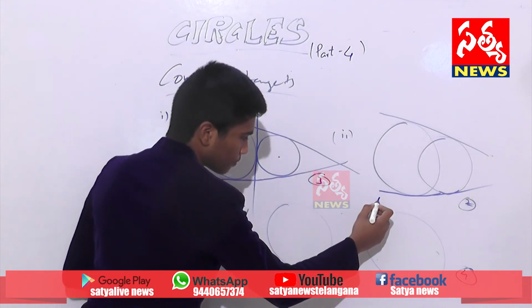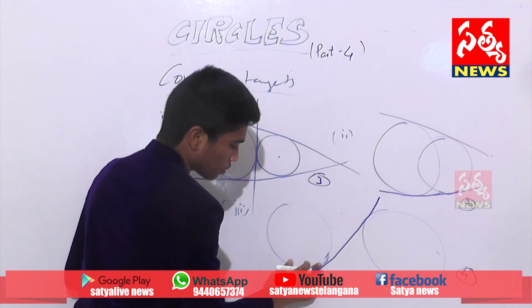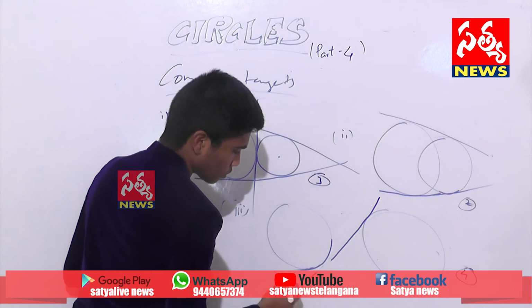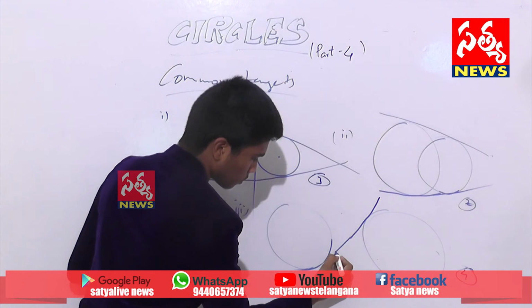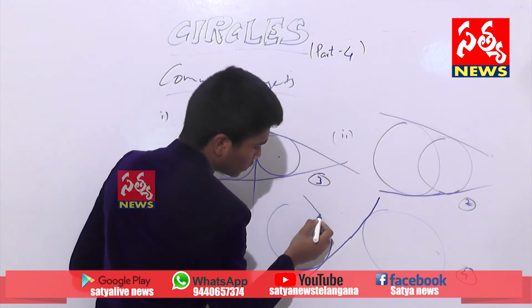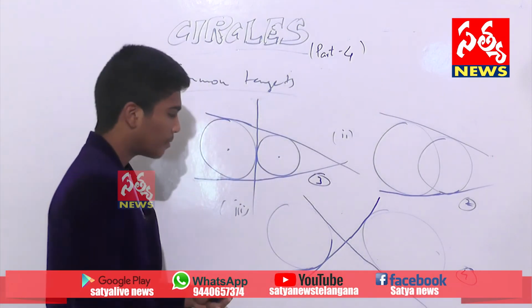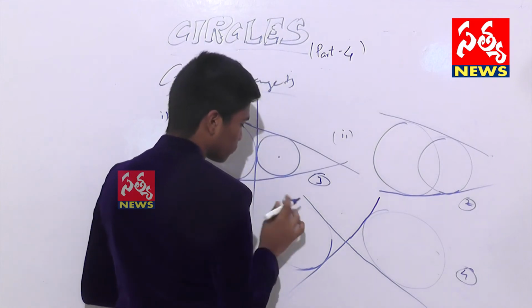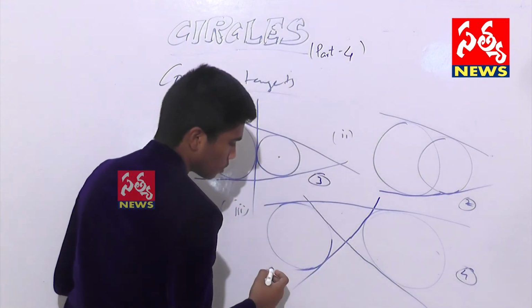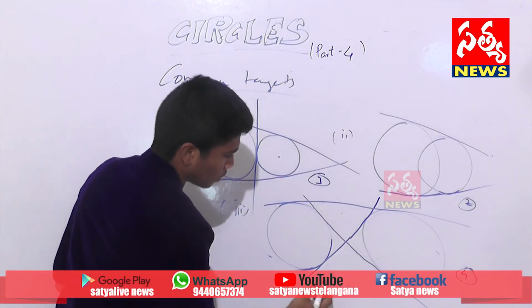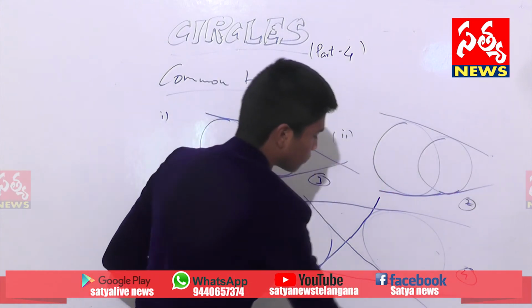See how. This is one tangent. And similarly at the opposite side, and the remaining 2 are, one is this and the other one is this one.